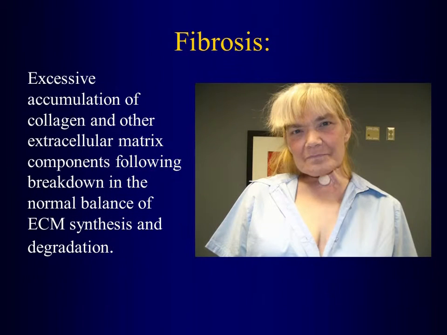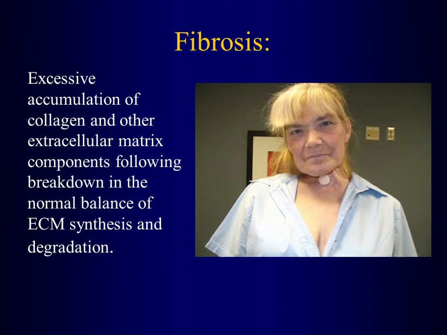The second process is fibrosis, and we all intuitively understand fibrosis better than we understand lymphedema, but fibrosis is the accumulation of collagen and other extracellular matrix components in such a way that there is a perturbation to the normal balance of synthesis and degradation.